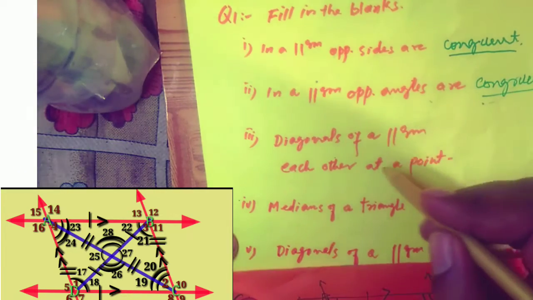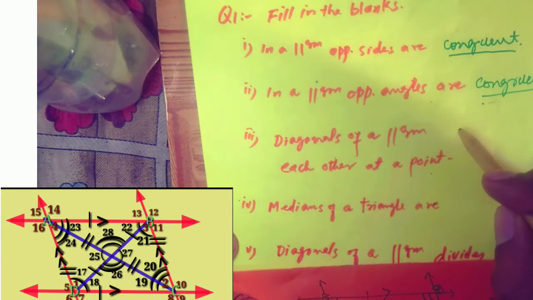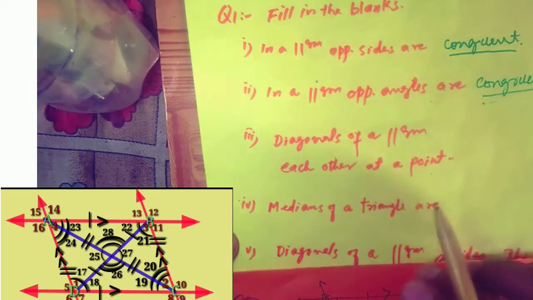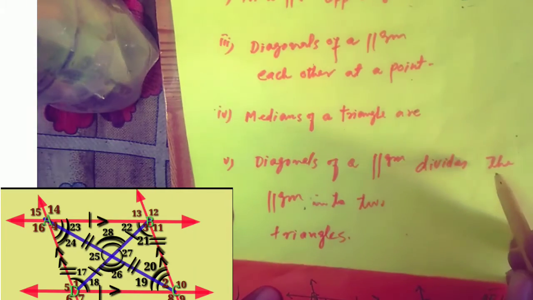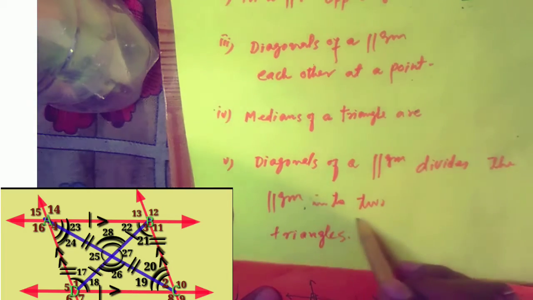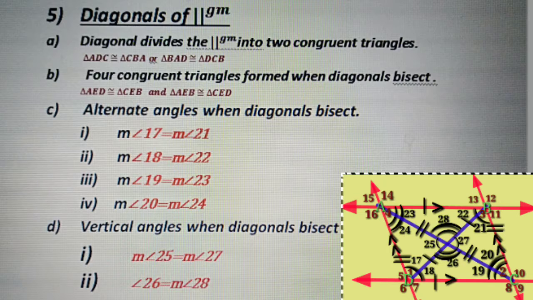Diagonals of a parallelogram bisect each other at a point. Firstly, we have to solve this point. Diagonals of a parallelogram divide the parallelogram into two congruent triangles.